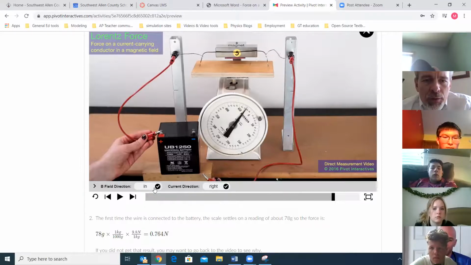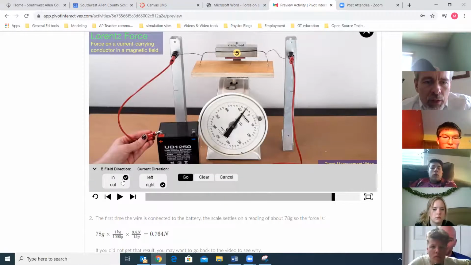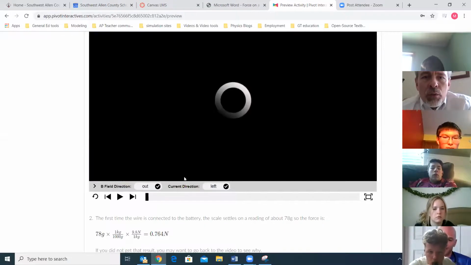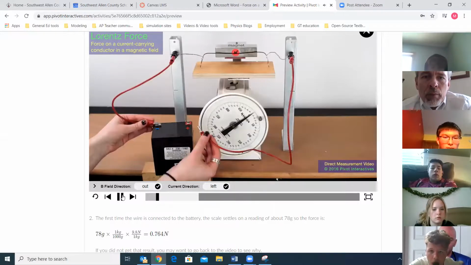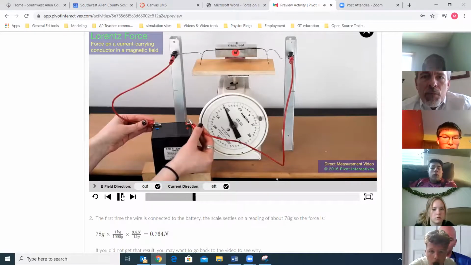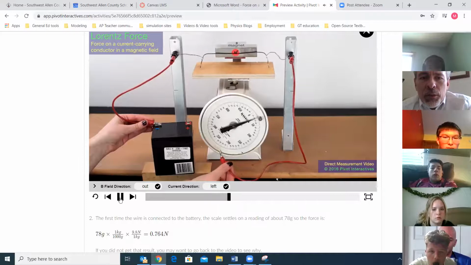You'll notice here that you can change things, like the direction of the magnetic field or the direction of the current, but after you change them, you have to hit go. Then you can play it and see what happens, and you might see something totally different.